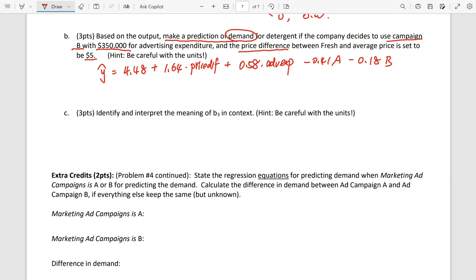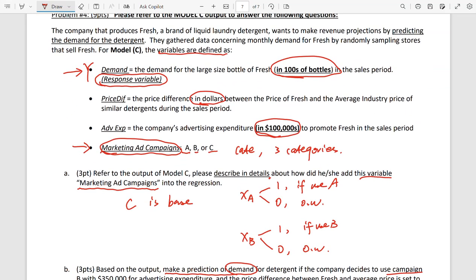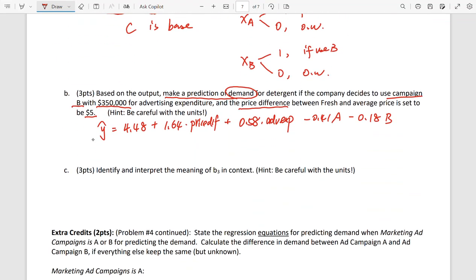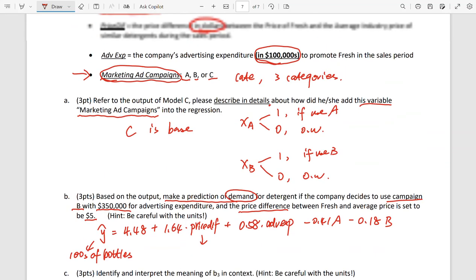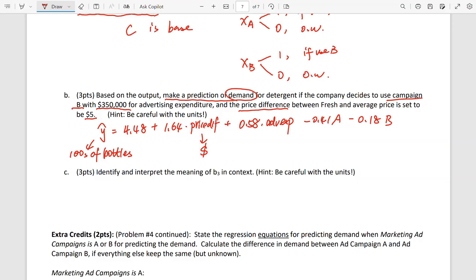But before you plug in the values, remember each variable has different units, right? So the demand has the unit of hundreds of bottles. And the price difference, let's say, is in dollars, so no big deal.